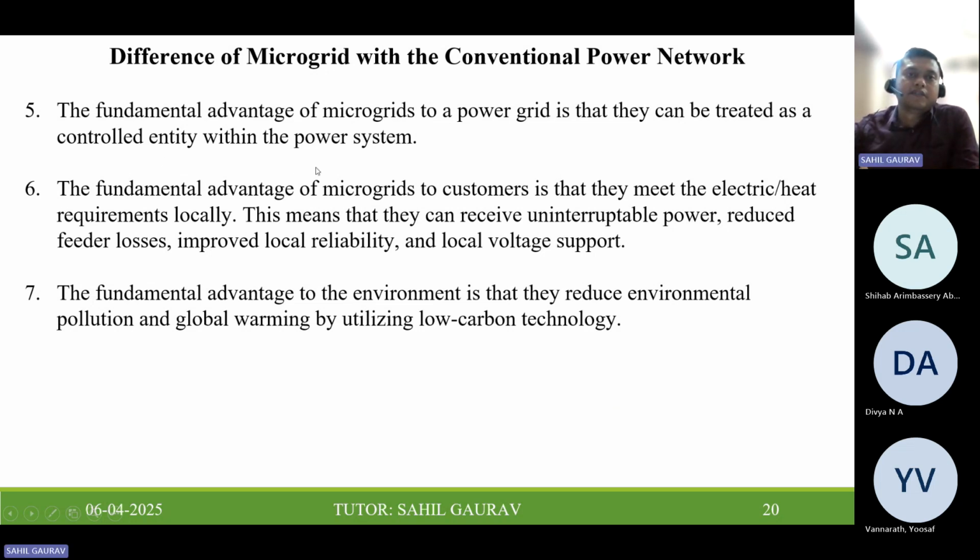Another difference of microgrid with the conventional power network is that the fundamental advantage of microgrid is that they can be treated as a controlled entity within the power system. So these can be a separate controlled entity within the power system, and they can meet the electric and heat requirements locally.